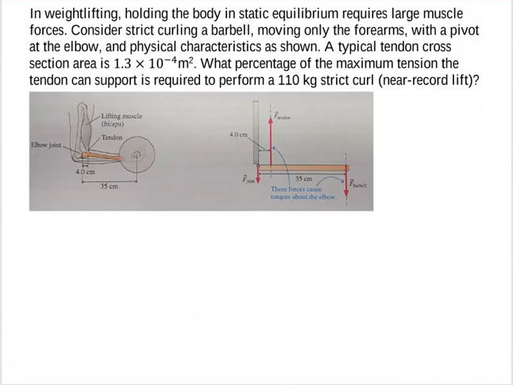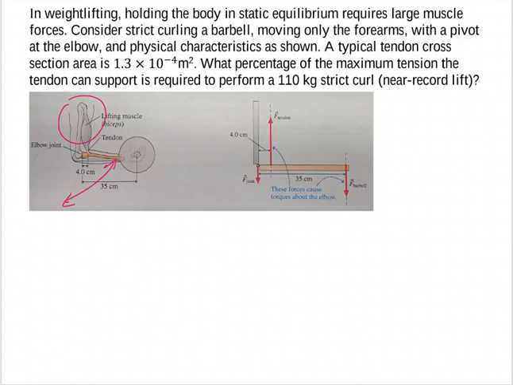That's not it. You're supposed to only move the forearms, so you're only contracting your biceps and only moving at the elbow, as shown. The rest of your body is stationary, and only this part goes back and forth.